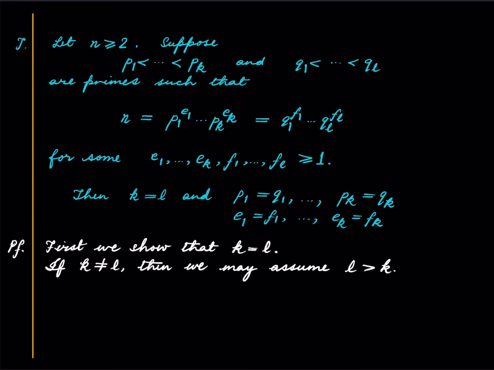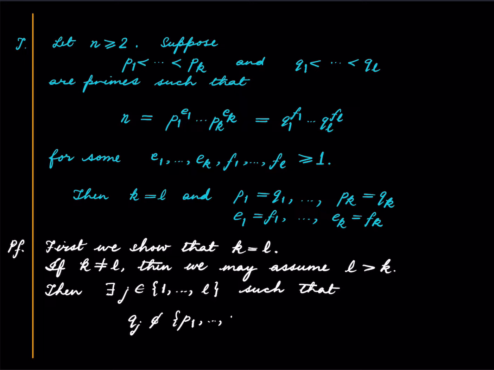Okay, so suppose L is greater than K, then here is a key step: then there is some J in this range 1 up to L such that Qj is not in this list of primes.